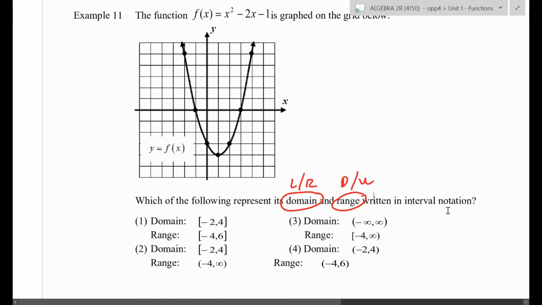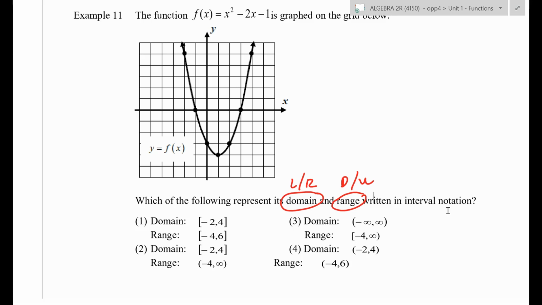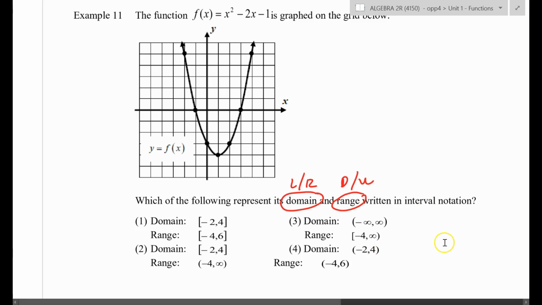So if I get on this function and I go furthest left, I got a problem because of the arrow at the end. So give me a general direction where this goes. This arrow is pointing this way. What does that indicate? I'm going to keep moving to the left and I'm going to keep moving up. Fair to say?